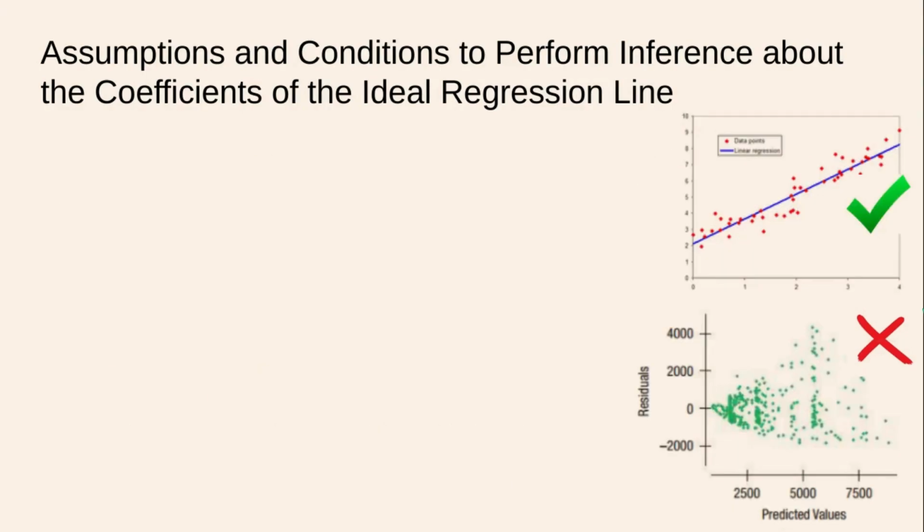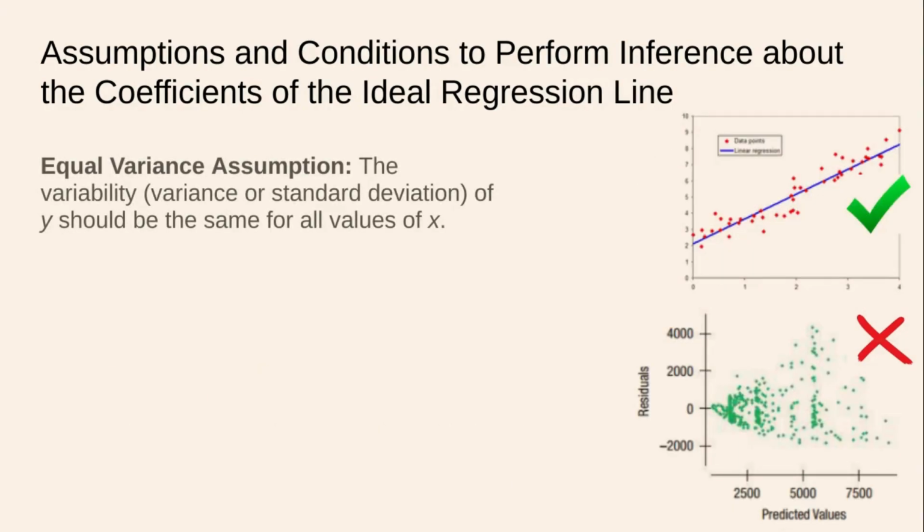Our next criterion we call the equal variance assumption. That means that the variability, however you measure it, variance or standard deviation of y, should be the same for all values of x, or essentially the same. Looking at this plot right here, we see a good example of essentially equal variance for all values of x.